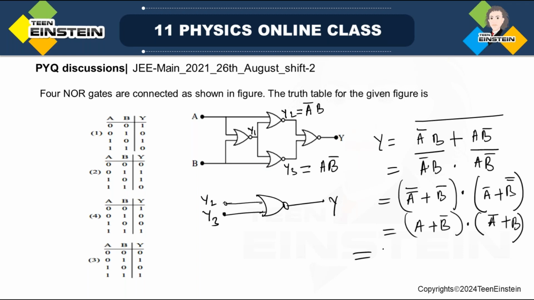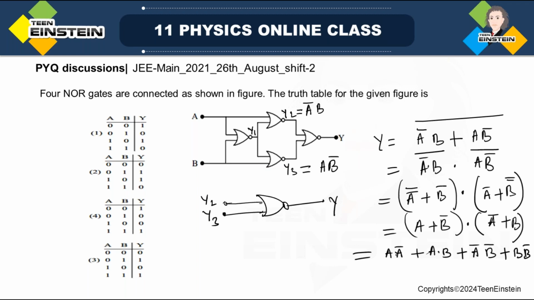Okay, now look, if I do this operation, what I'll get is a bar plus a and b, or a bar b bar, or b bar.